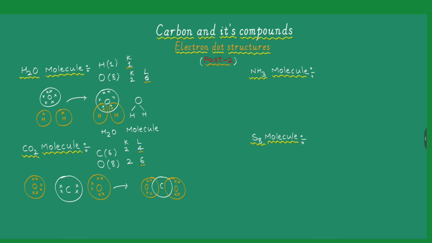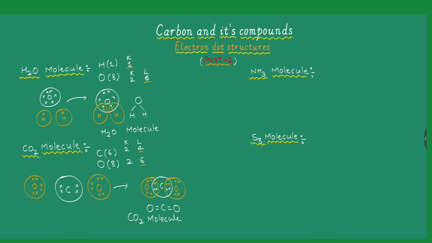Now two electrons of each oxygen will be shared, and four electrons of carbon will be shared between the two oxygen atoms as shown in the figure. So by this we understand there will be two double bonds between the one carbon and two oxygen atoms. In this way the carbon dioxide structure, the CO2 molecule, will be formed.